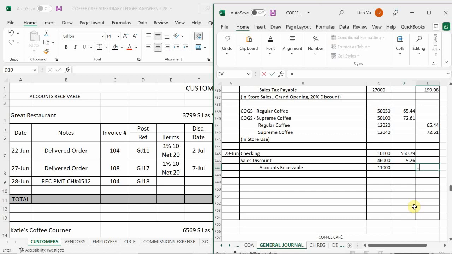And that should give you a grand total of the original invoice amount of $556.05. Okay? So, excellent. So we have everything that we need to know, right? We know that this was from Great Restaurant, right?